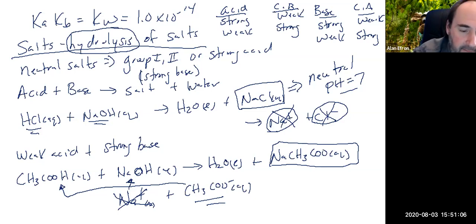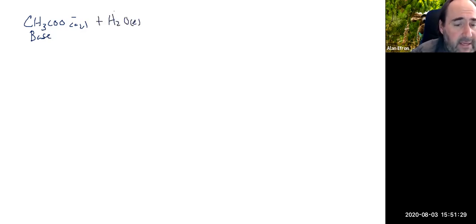So what's going to happen when we generate this salt? The acetate part in this particular example, which again came from a weak acid, when it gets to this part of the reaction, is going to act as a conjugate base, or a base. And when it reacts with water, as we talked about, it's going to accept the H plus just like a base would.